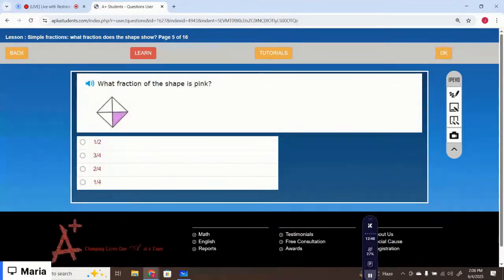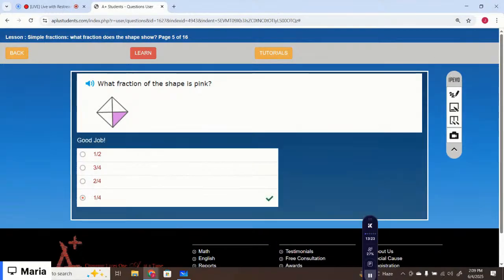What fraction of the shape is pink? One out of four it is. The last option is the correct option.